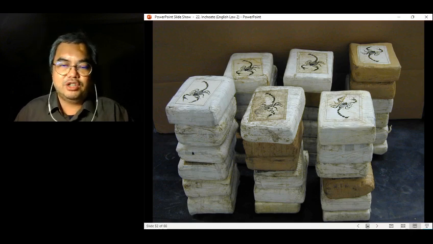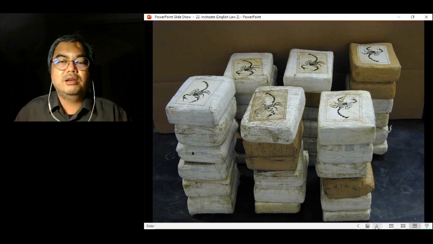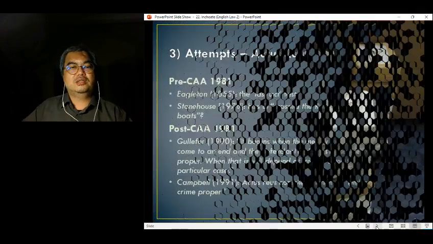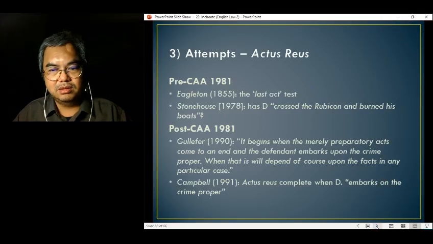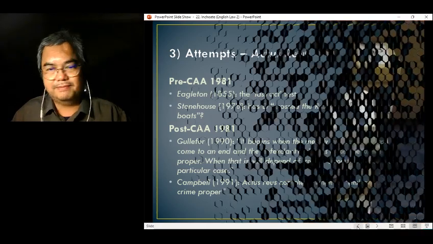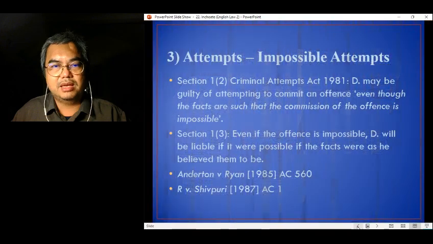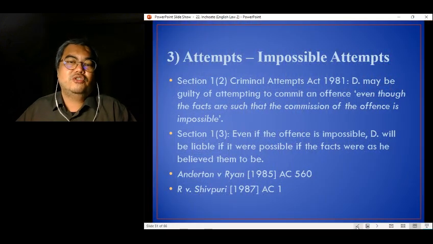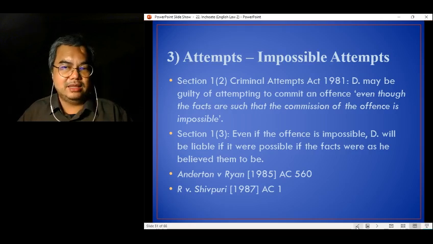But in the case of Shivpuri, the House of Lords said that following the Criminal Attempts Act, sections 1(2) and 1(3), even if it was impossible, he will be liable if it were possible if the facts were as he believed them to be.